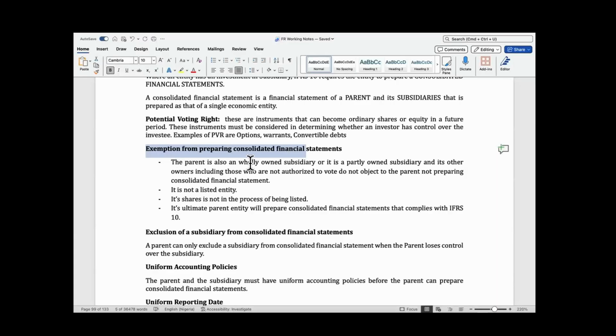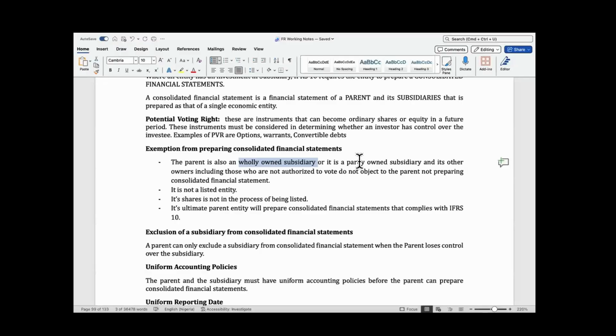Number one is that you yourself are a wholly owned subsidiary or a partly owned subsidiary of another entity, and your owners don't object to you not preparing consolidated financial statements. Meaning that even though you are a parent, you too have a parent. Somebody owns you wholly or partly.